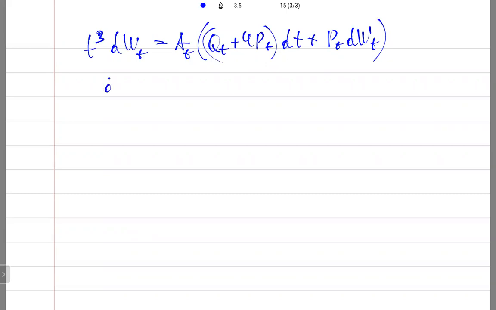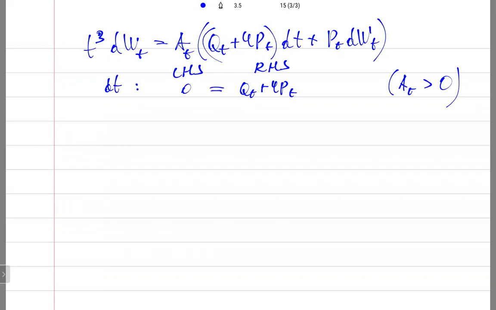Okay, what is before dt? In the left-hand side, I have 0. In the right-hand side, I have Qt plus 4Pt, and At is always greater than 0 because it's an exponent of something. So I should have the same term before dt, and I should have the same term before dWt.